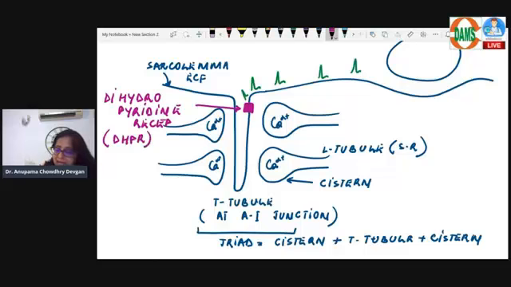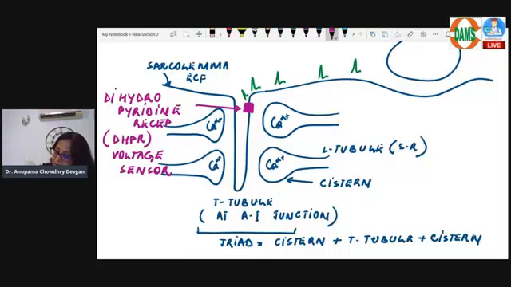And what is this dihydropyridine receptor? This is a voltage sensor. It detects a change in voltage. Where is the dihydropyridine receptor located? It is located on the T-tubule membrane.